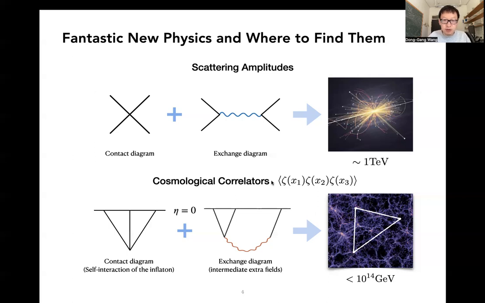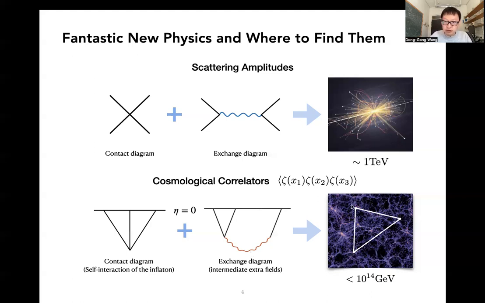For cosmology, what we are interested in is the cosmological correlators, like the three-point function of the curvature perturbation we discussed before. There are also two types of Feynman diagrams that will contribute to these correlators. The first one is the contact diagram that is due to the self-interaction of the inflaton field. Then we also have this exchange diagram with an intermediate extra particle in addition to the inflaton.